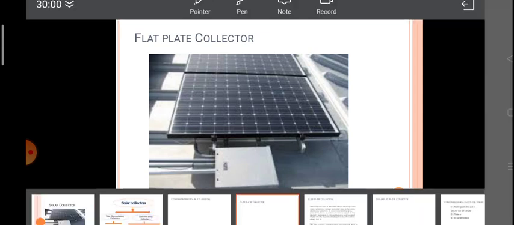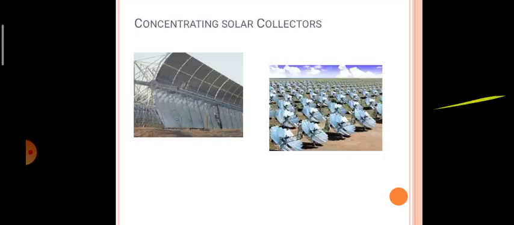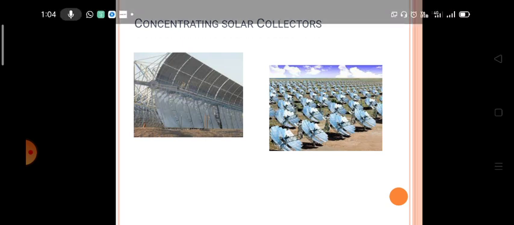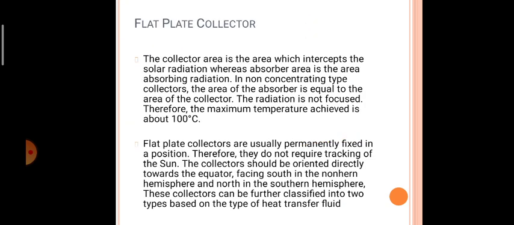The flat plate collector has an area which intercepts the solar radiation in such a way that the area of the absorber is equal to the area of the collector.